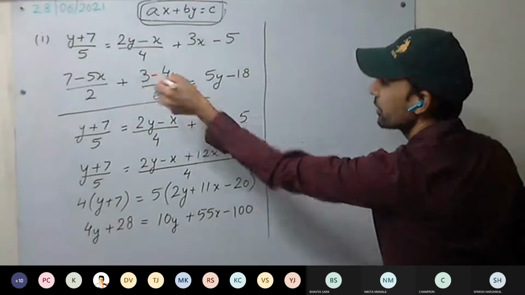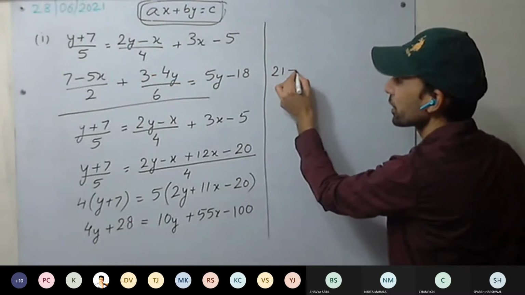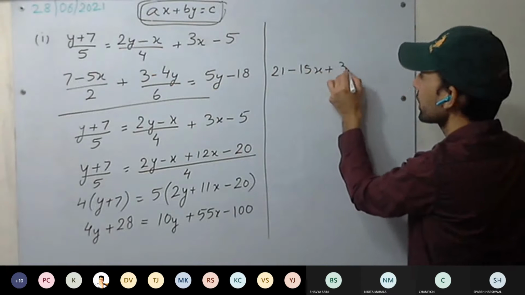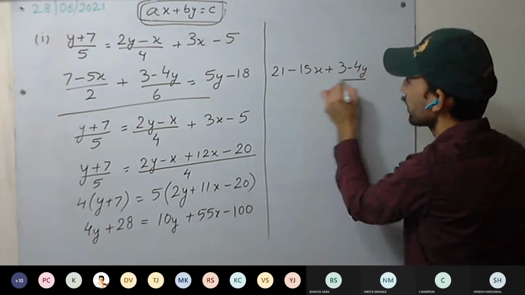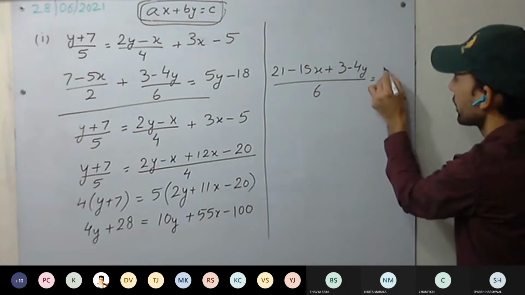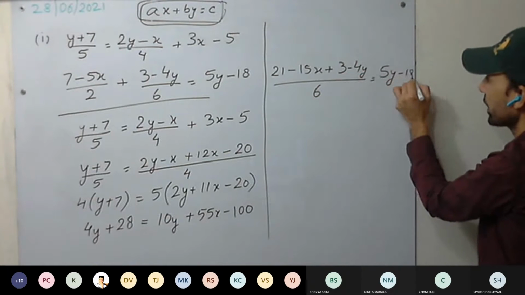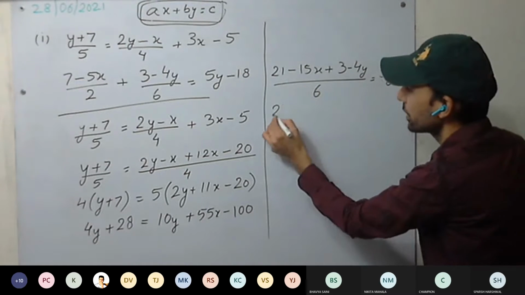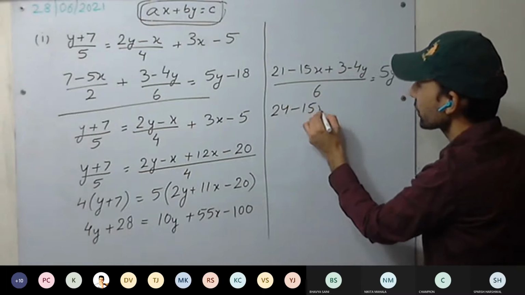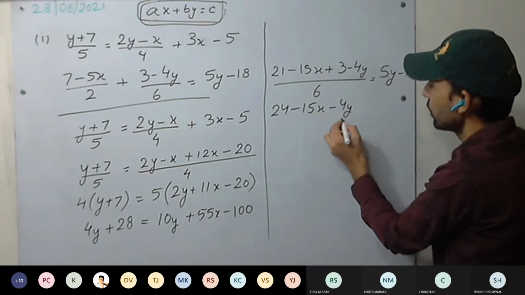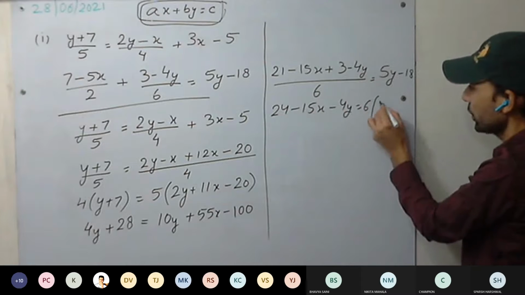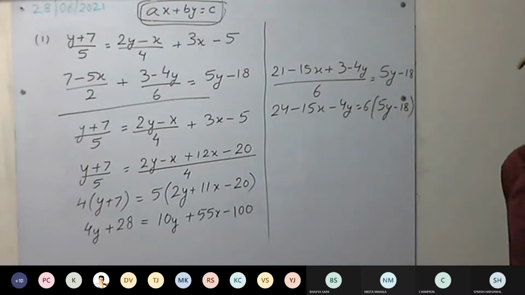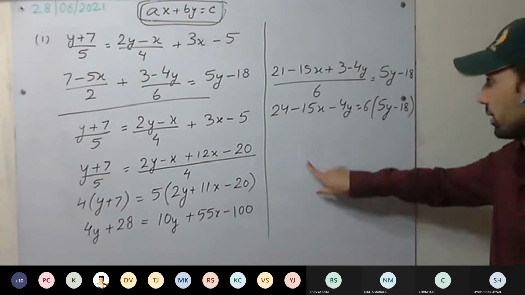So it will be 3 sevens are 21 minus 15x plus 3 minus 4y divided by 6 equal to 5y minus 80. Now 6 this side: 21 plus 3, 24 minus 15x minus 4y equal to 6 into 5y minus 18. Further I leave up to you.